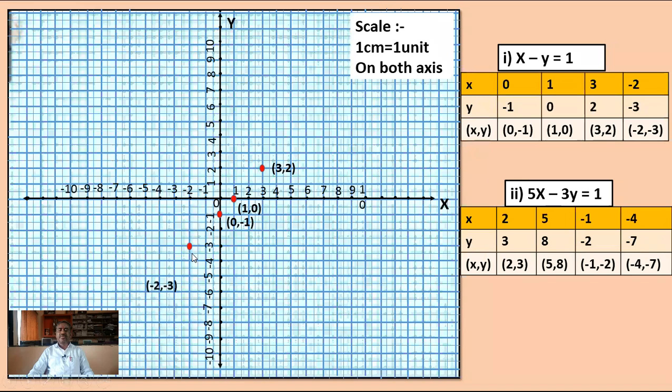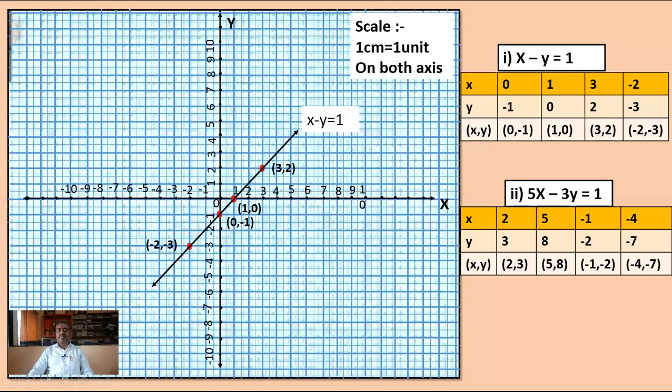Then we draw a line passing through all these points. This line is the graph of the equation x minus y is equal to 1.